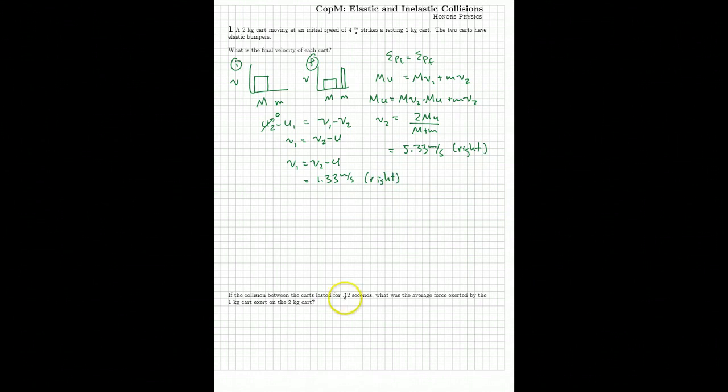Okay, so if the collision between the carts lasted this long, what was the average force exerted? Since we know everything about the motion, we know the change in velocity and how long it took, we can use that with Newton's second law.